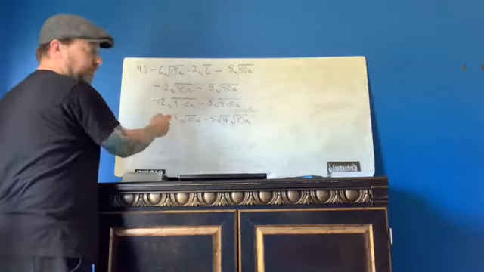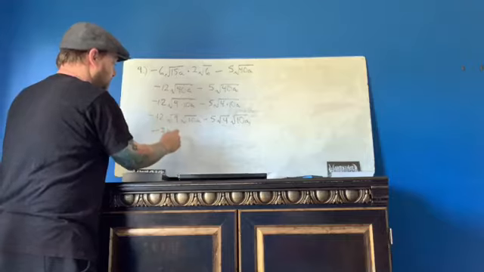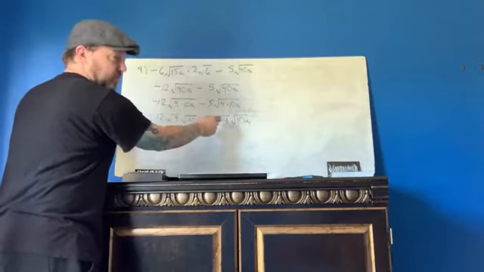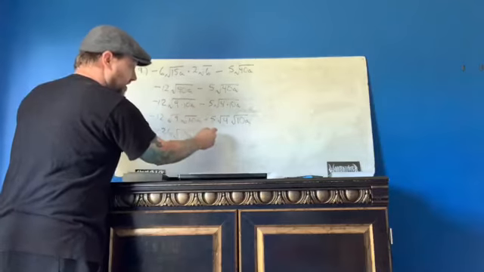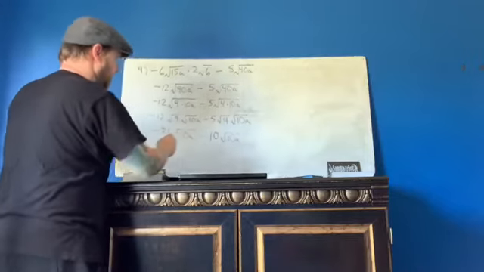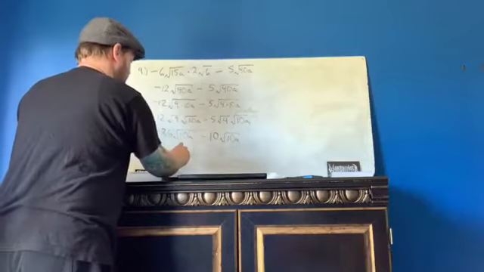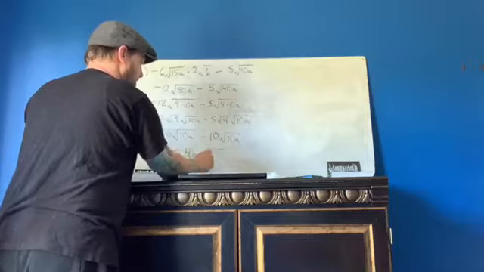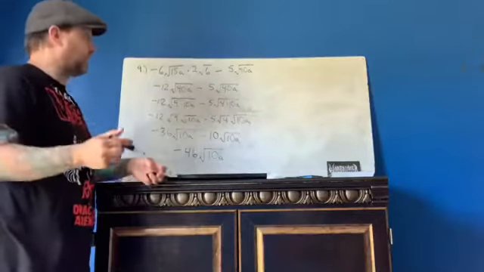So -12 root 9 is 3, so we'll have -36 times square root of 10a minus square root of 4 is 2. -5 times 2 is minus 10. And then just combine. -36 minus 10 is -46 times the square root of 10a. And that's it.